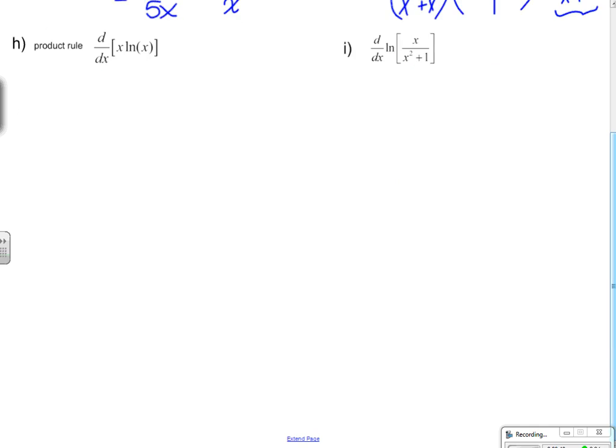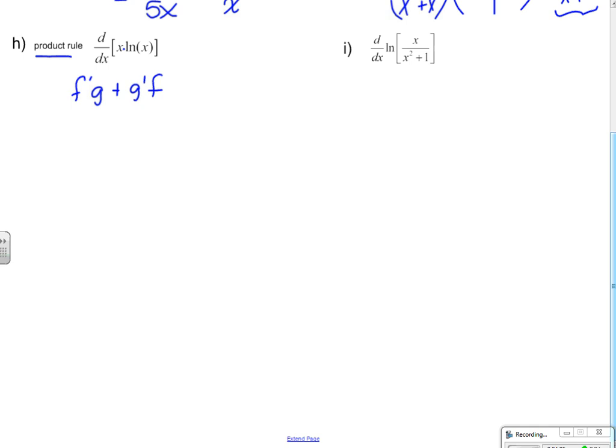Okay. When I look at this one, I notice that it's a product rule because I've got x times natural log x. So that means that we need to follow through with the derivative of the first times the second added with the derivative of the second times the first. That's our game plan. So y prime equals the derivative of x, which is 1, multiplied by the second, natural log x, added with the derivative of the second.